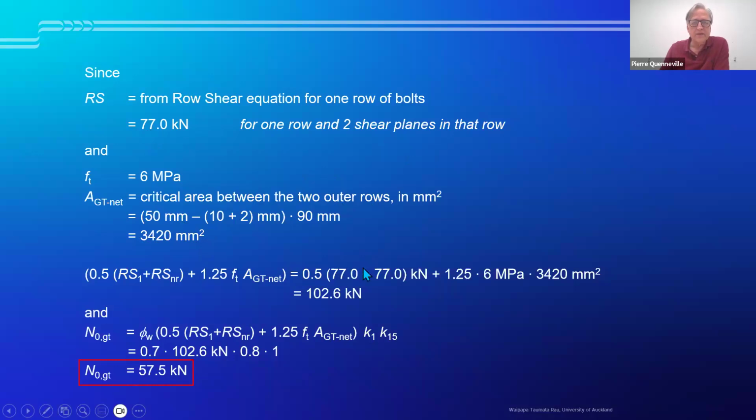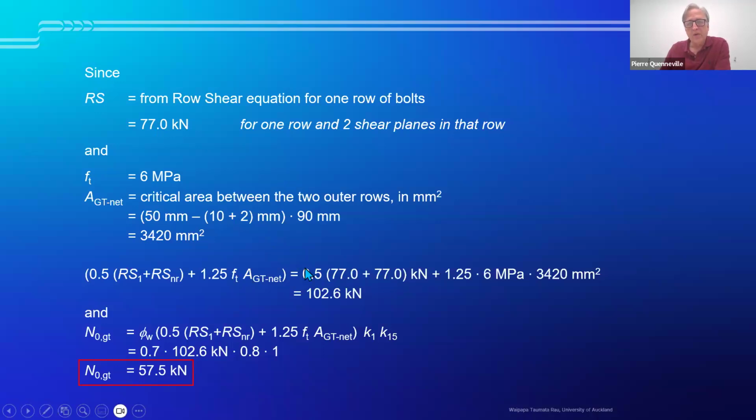So our 77 is for 1 row. We have 2 rows, but we need to multiply by 0.5 or divide by 2 because our row shear value of 77 is for 2 shear planes per row. And our group tear out only has 1 shear plane per outer row.